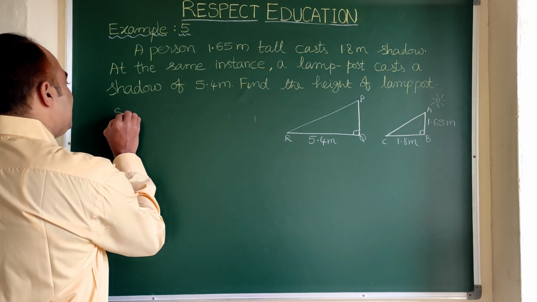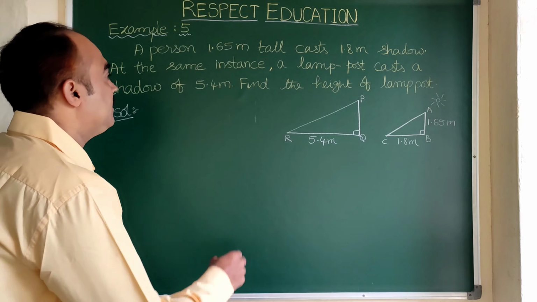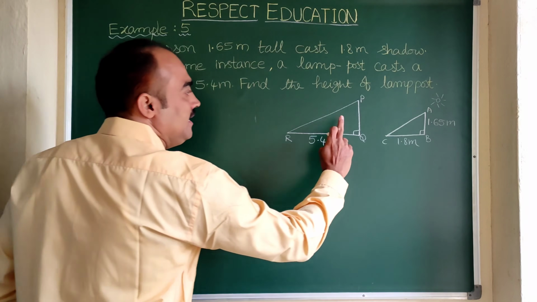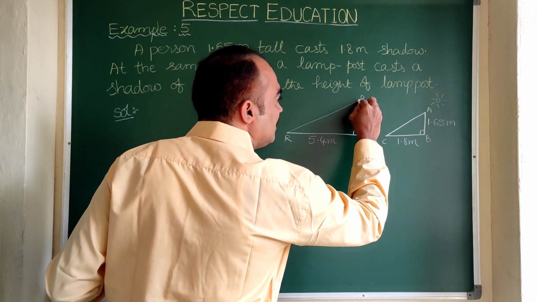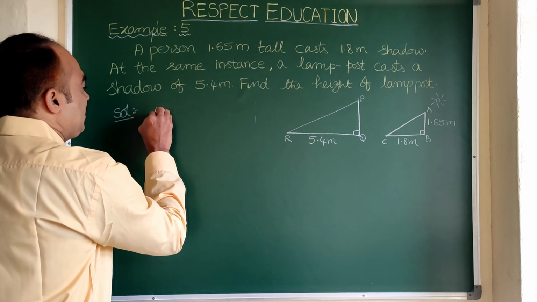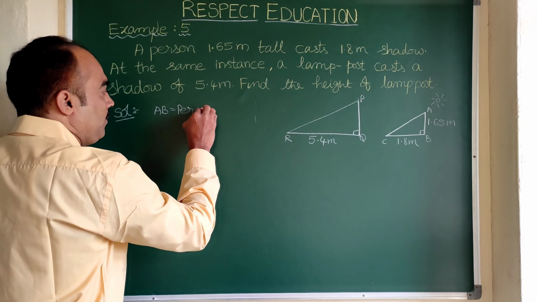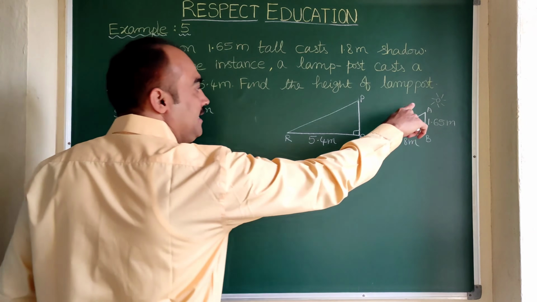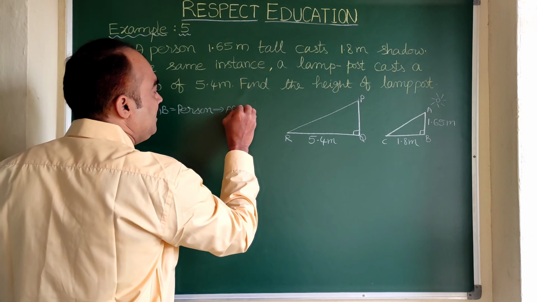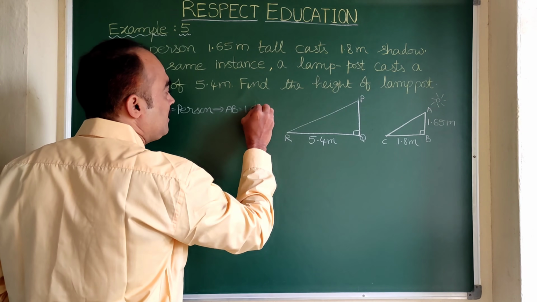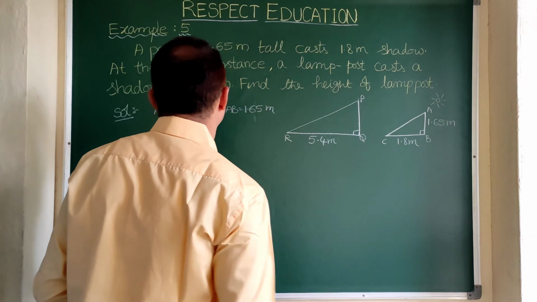So here let us write the given data. First, a person. In these two situations, here AB is the person. So here I am writing AB is equal to 1.65 meter.